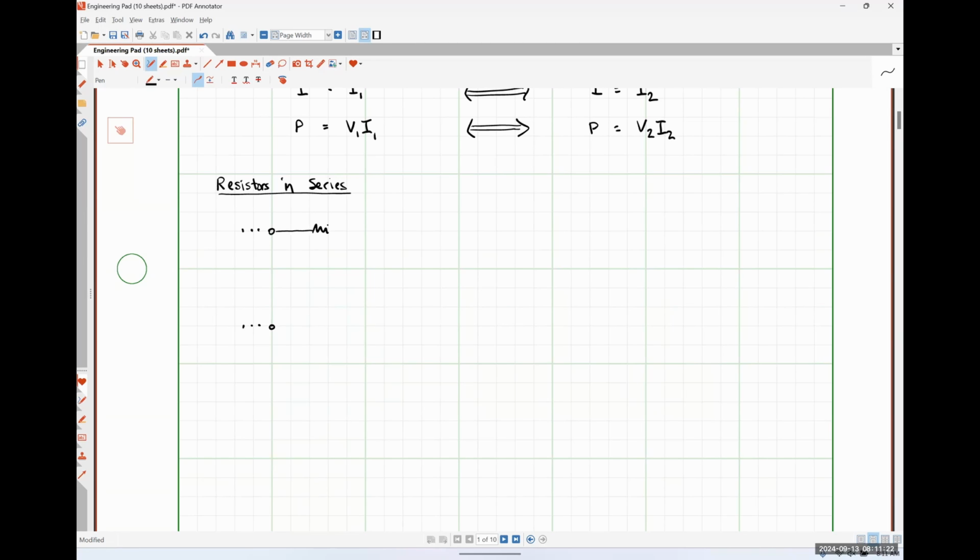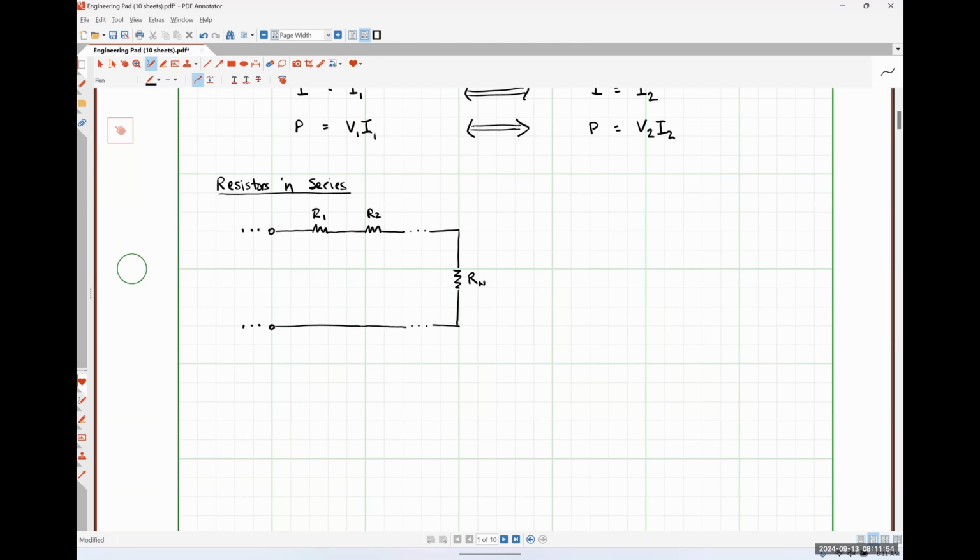So I'll have some resistor R1, some resistor R2, like so, and I'm going to go out to some nth resistor so that what we are about to explain here will work for literally any number of resistors connected in series. So this is going to be my resistor R sub n.